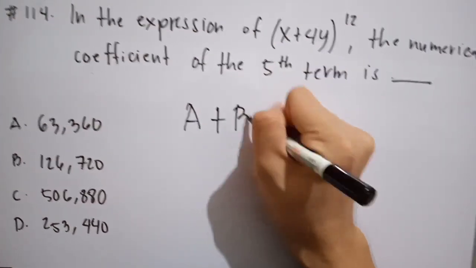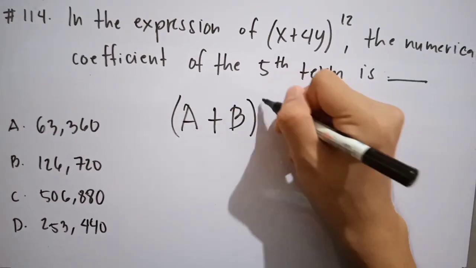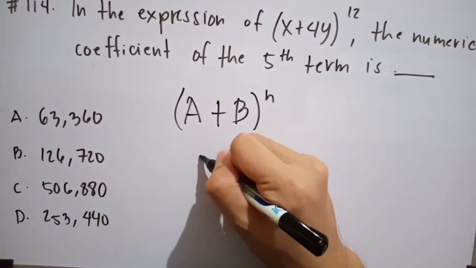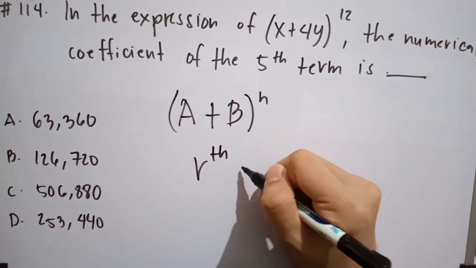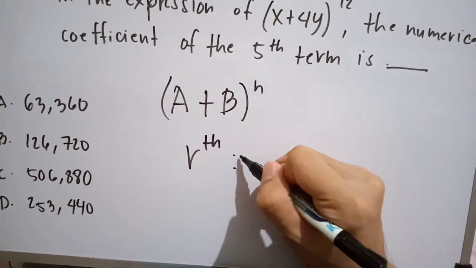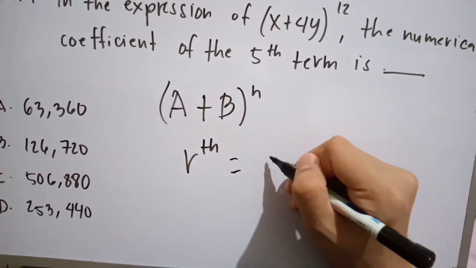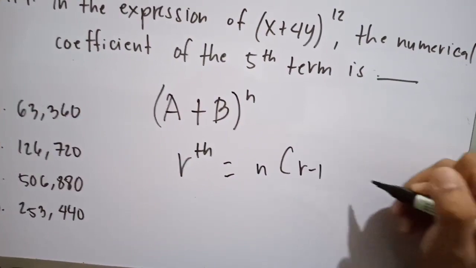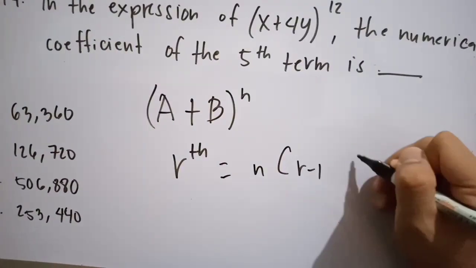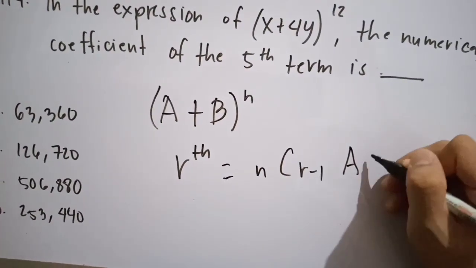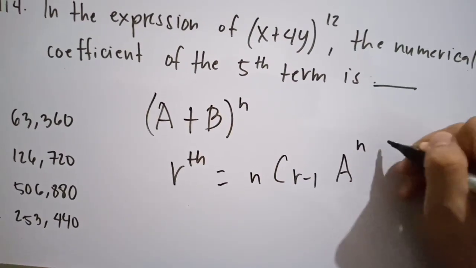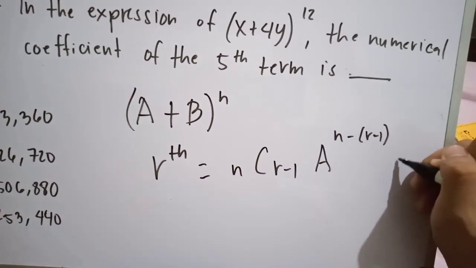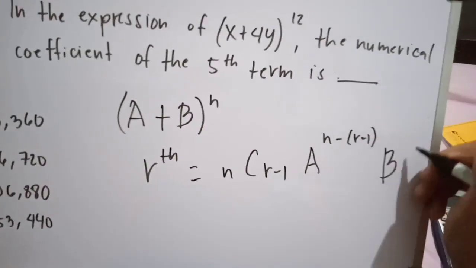Kapag a plus b raised to n, yung binomial expansion natin, ang rth term natin ay equal to n combination of r minus 1 times the first term, which is a raised to n minus r minus 1, times b raised to r minus 1.